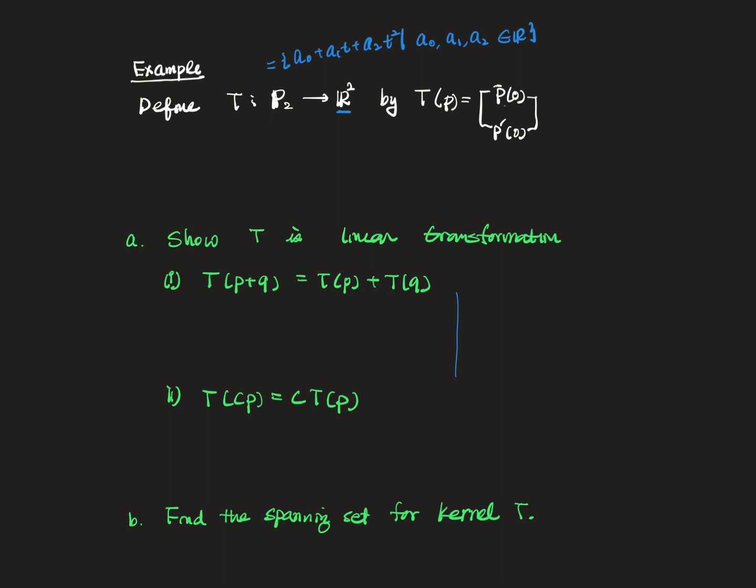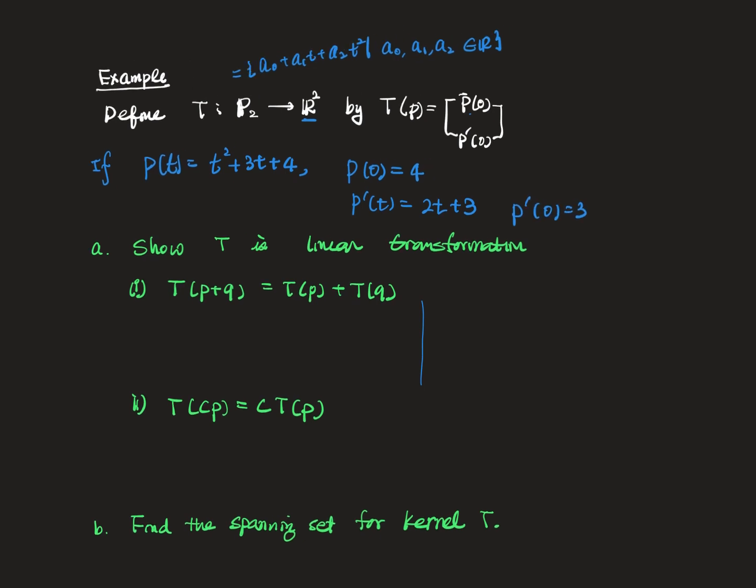For example, pick any quadratic polynomial, say t squared plus 3t plus 4. What is P of 0, guys? P of 0 is 4. Everyone see that? What is P prime of t? The derivative of P of t is 2t plus 3, so P prime of 0 is 3.